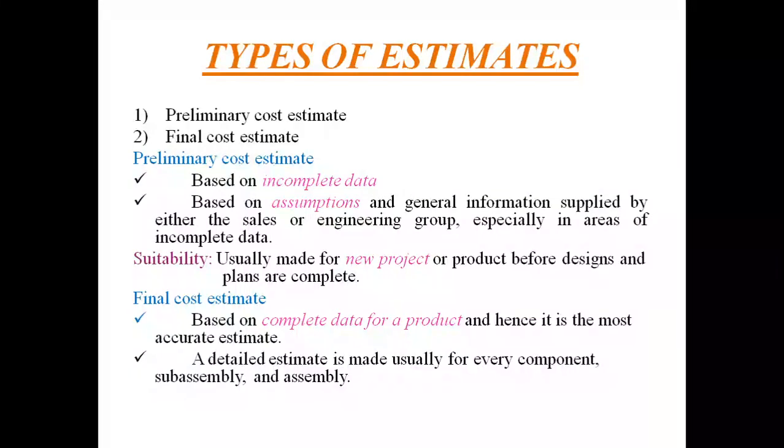If drawings or layouts are available, a review of the drawing can be made by the estimator. The common method of making these types of estimates is to compare it with a product in production or already completed, using judgment to determine the percentage of deviations.